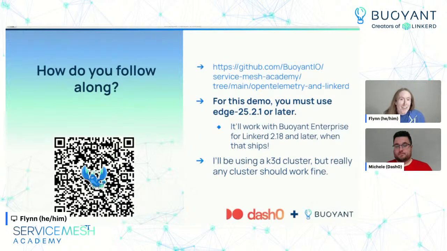One very, very important caveat is that a lot of the time we show up and say, oh, we're going to use Bell, but you can use Edge. No, for this one, you must be using Edge 25.2.1, which came out yesterday. It may or may not be the case that while we were prepping for this workshop, we found some stuff that we needed to fix.